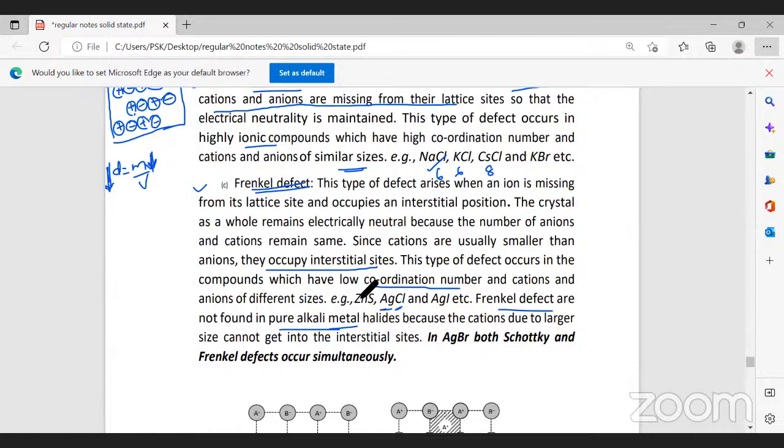But in the case of d-block elements like zinc and silver, these are smaller ions. They can get into interstitial positions. Therefore, they show Frenkel defect. This is an important point to note: AgBr, silver bromide, shows both Schottky defect and Frenkel defect. Both Schottky defect and Frenkel defect are called stoichiometric defects.